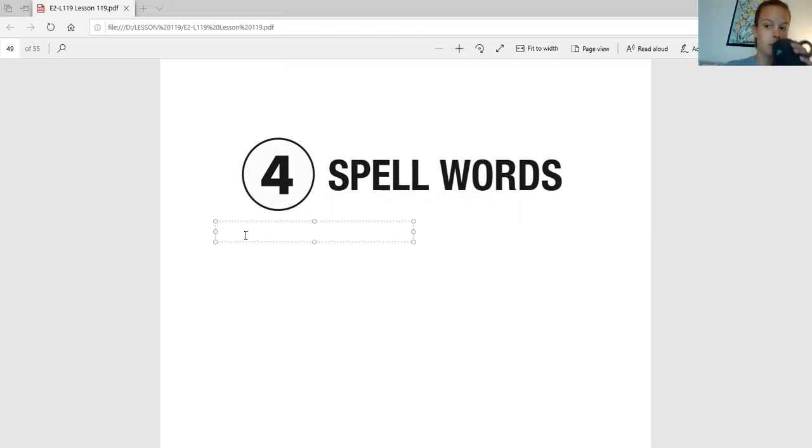Say it back to me. Scratch. Now touch spell. Scr. Atch. Gonna make the scr sound with SCR. Ah with a short A. And then the ch sound, because it's with a short vowel, it's gonna be TCH. So SCRATCH.